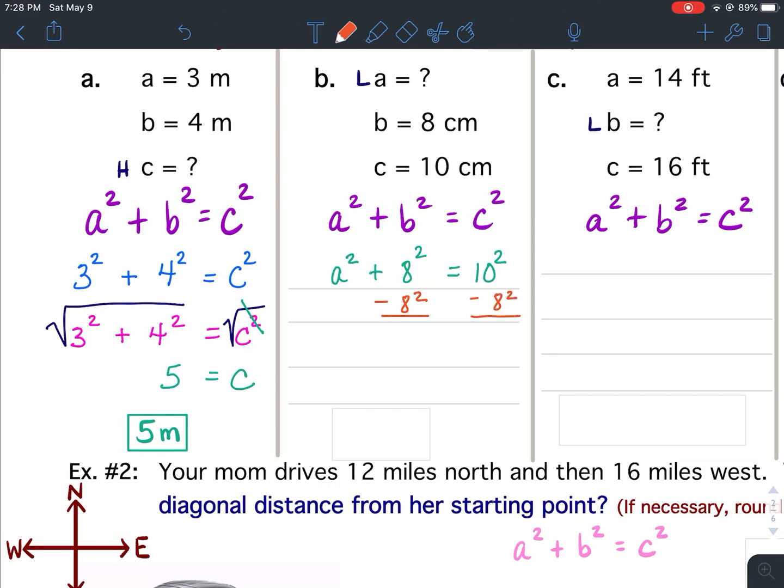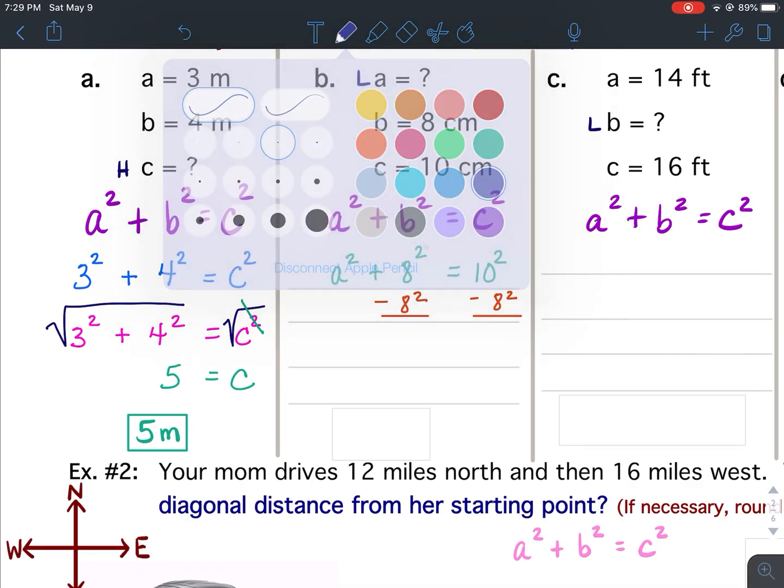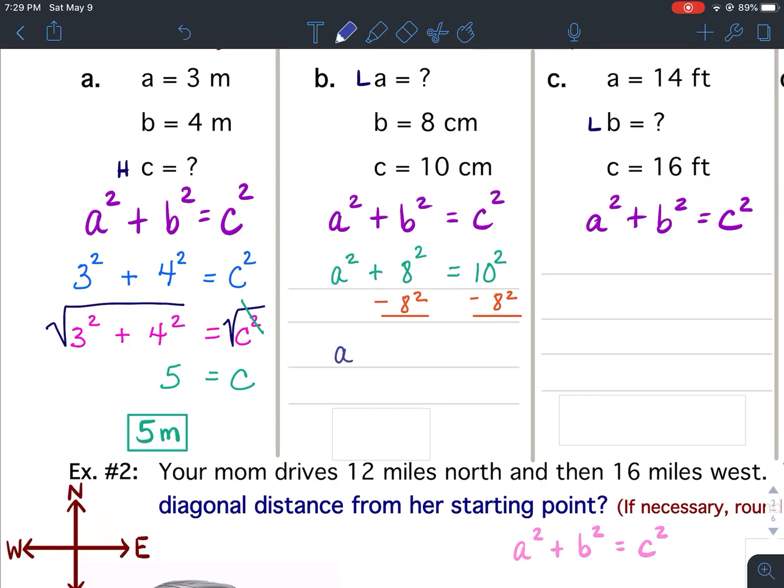Now, notice how I didn't line it up exactly. That's because you don't want to actually take that 10 and subtract the 8. What we're going to do is just rewrite it how it is. In other words, we're going to have A squared by itself on the left, and then hypotenuse squared minus the leg squared.